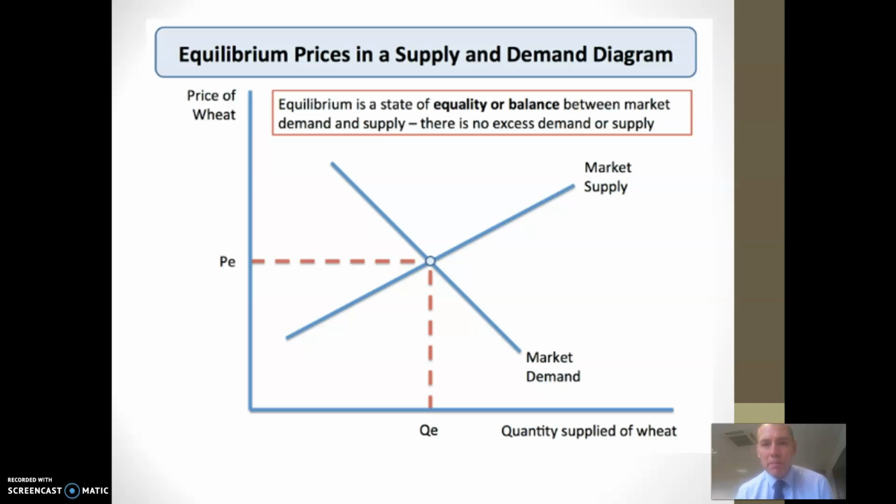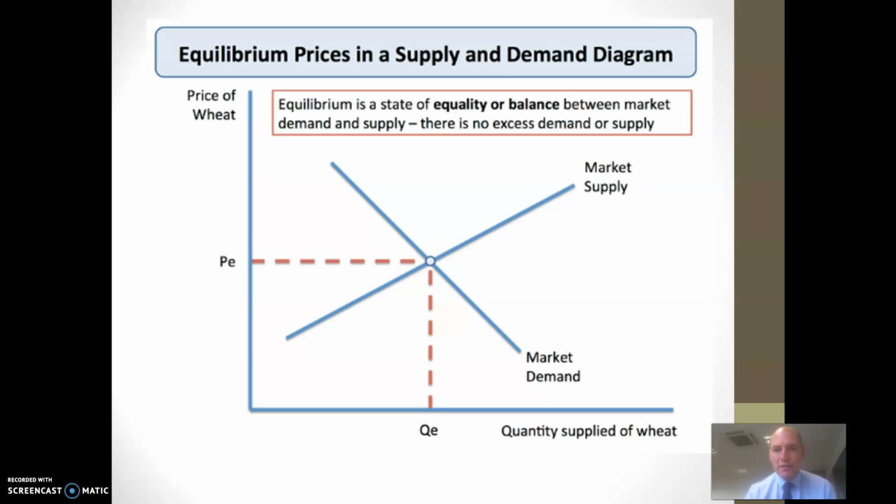Okay, so when we apply this to a market, the equilibrium is going to occur where demand is equal to supply. In this instance, at a price PE and a quantity traded. I've stolen that from Tutor2u. That should actually say quantity traded of wheat, QE.